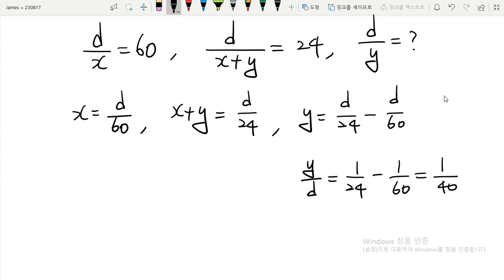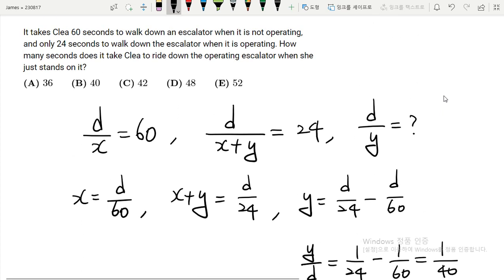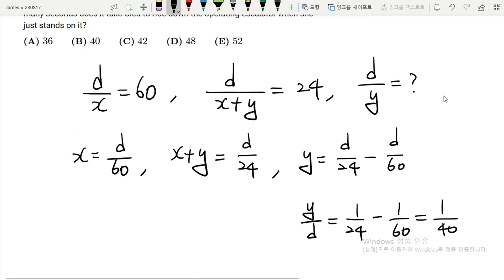So the reciprocal is d over y. Which one is the answer from the choices? If y over d is 1/40, d over y is 40. So it'll take 40 seconds if the escalator moves alone.